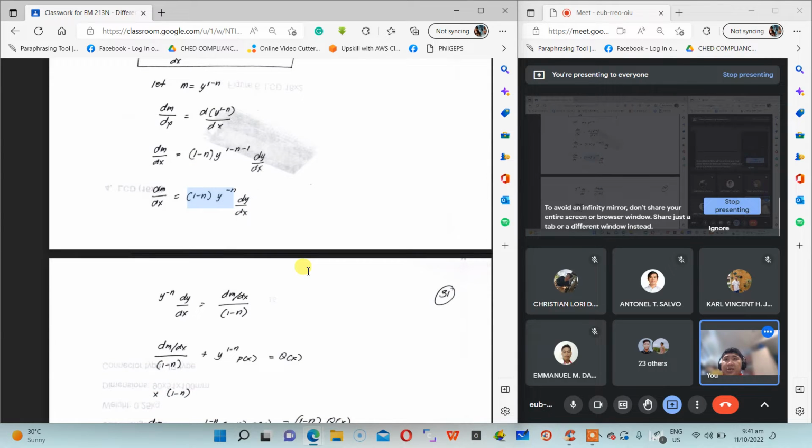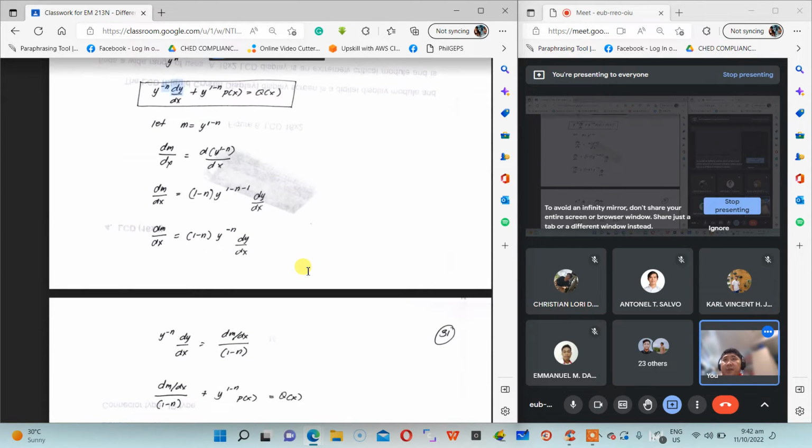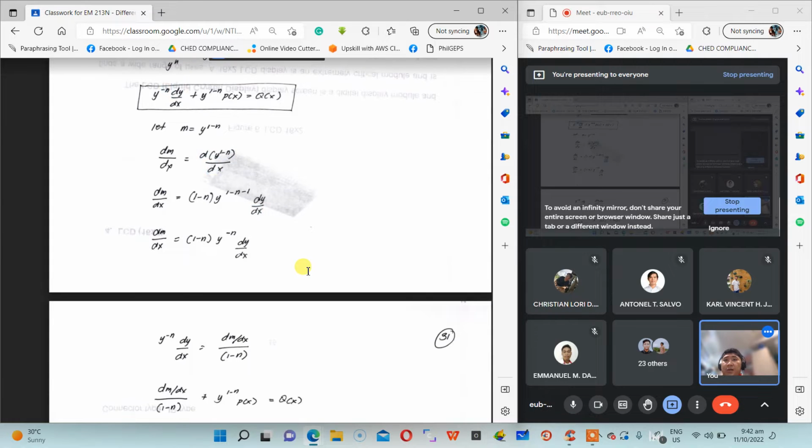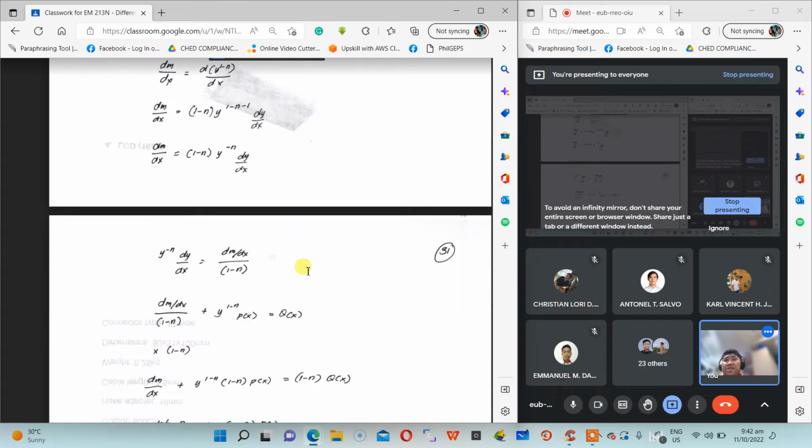So just transpose the 1 minus n to the dm over dx. So it becomes y raised to the negative n, dy over dx, is equal to dm over dx divided by 1 minus n. So since this part is equal to dm over dx over 1 minus n, just substitute. Okay? So that is the target.